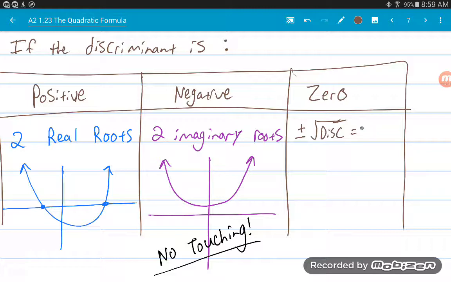So in this case, that would be plus or minus the square root of 0. The square root of 0 is 0, so plus or minus 0 is the same thing. If you have $5 and I take away $0 from you, you still have 5. If you have $5 and I give you $0, you still have 5. They're the same thing. So plus or minus 0 is actually the same root.